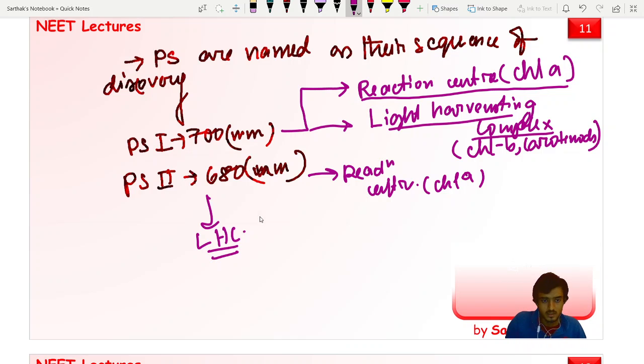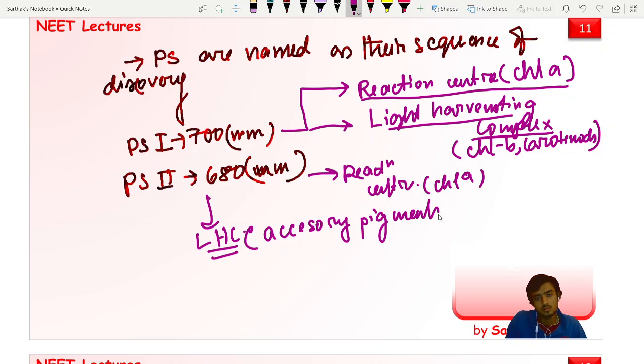So this basic light harvesting complex is also known as accessory pigments.